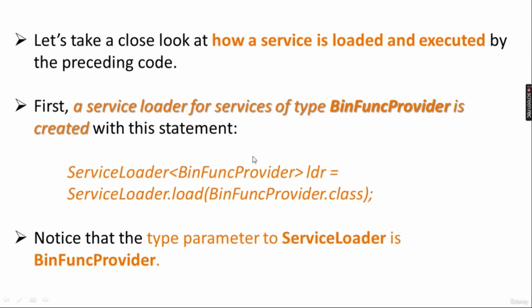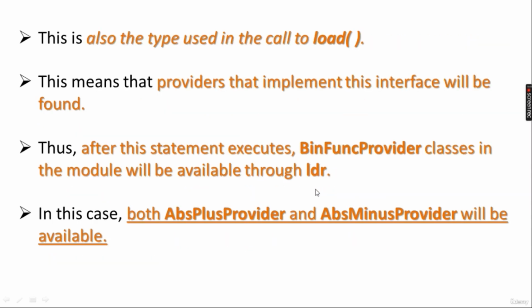Now we will see how a service is loaded and executed by the preceding code. First, a service loader for services of type binary function provider is created by this LDR object. Service loader for binary function provider is loaded using binary function provider dot class. The type parameter to service loader is binary function provider.